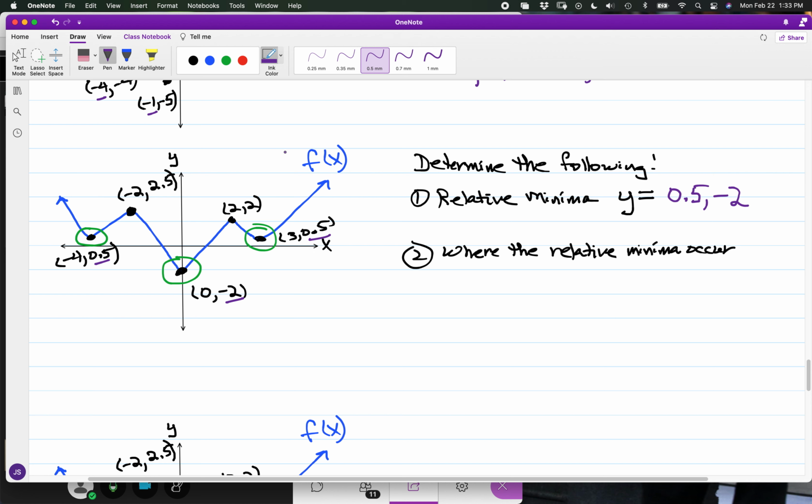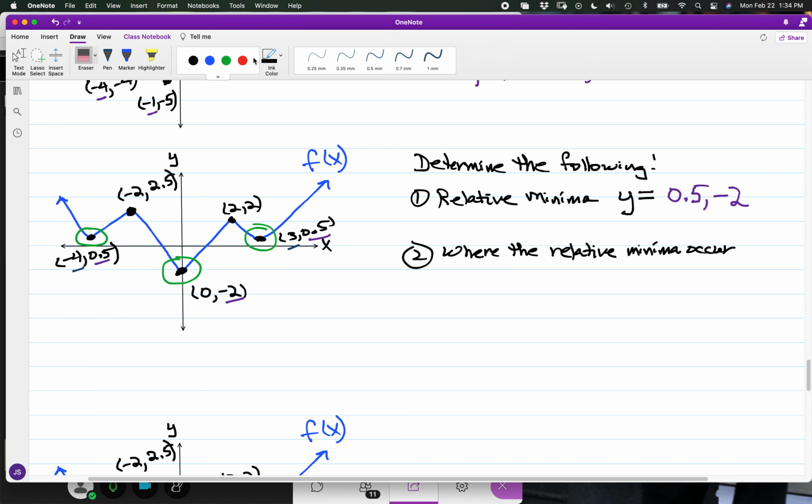And where the relative minimum will occur, those would be your x values that correspond. So you have 4.